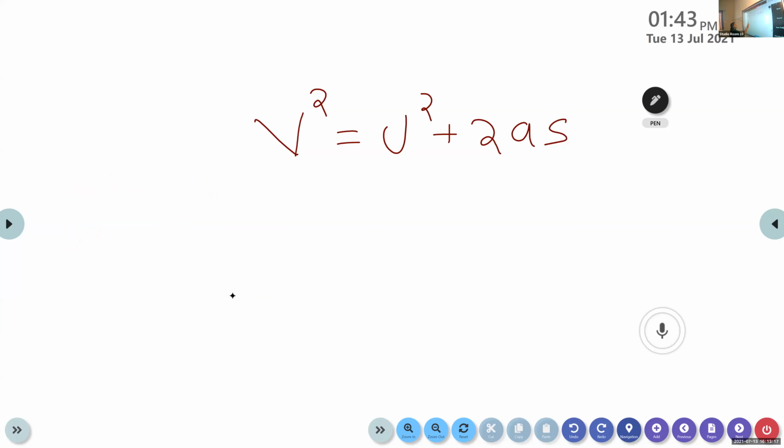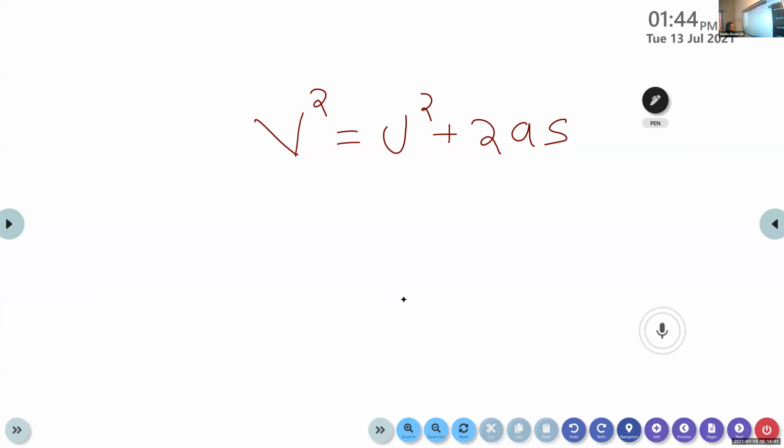Write the dimension of each term present in this equation. Eva, what is the dimension of final velocity V?